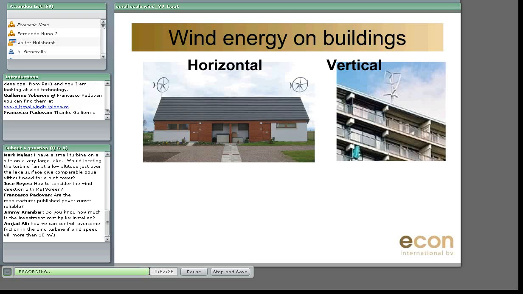If you suppose that at about 10 meters per second you have the rated speed, then you will get your rated power. Most of the wind turbines will have their rated power at that wind speed.